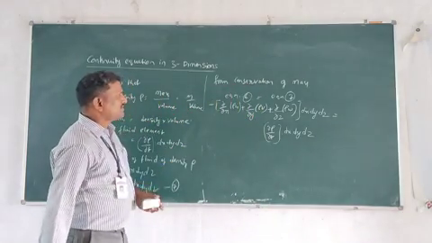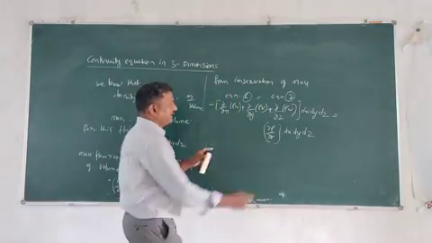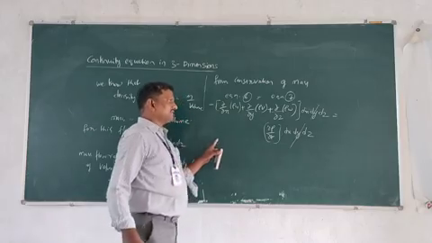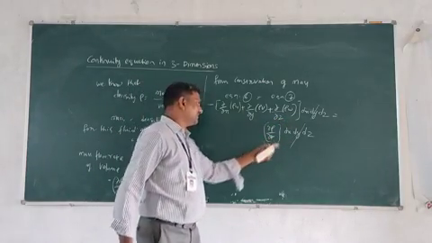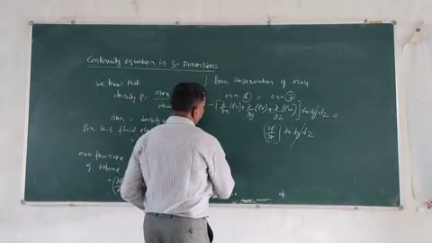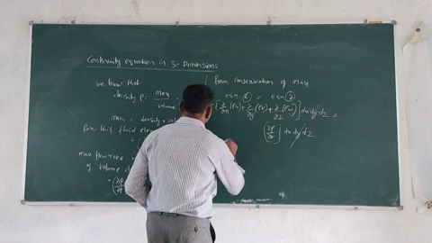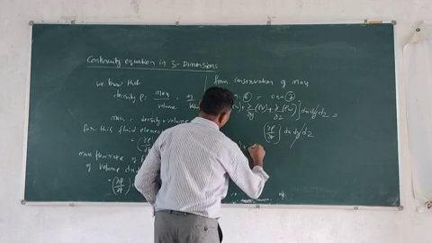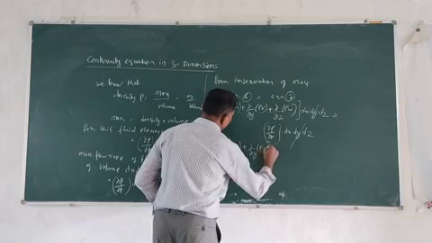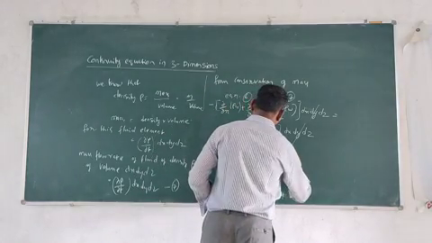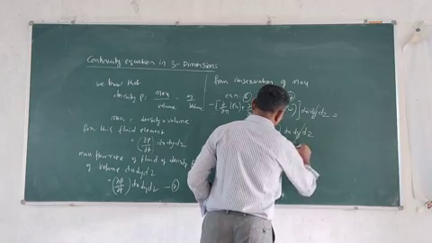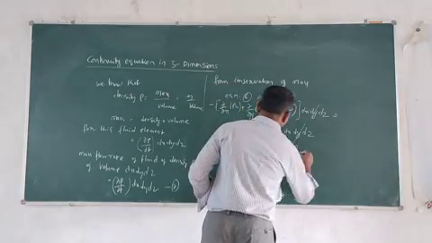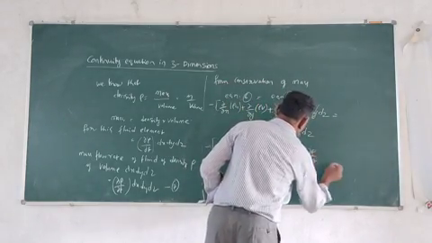In these two equations, what are the common terms? The volume dx dy dz. Cancel the same term on the left side and the right side of the equation. So what are the remainders? Minus [∂/∂x (ρu) plus ∂/∂y (ρv) plus ∂/∂z (ρw)] is equal to ∂ρ/∂t.